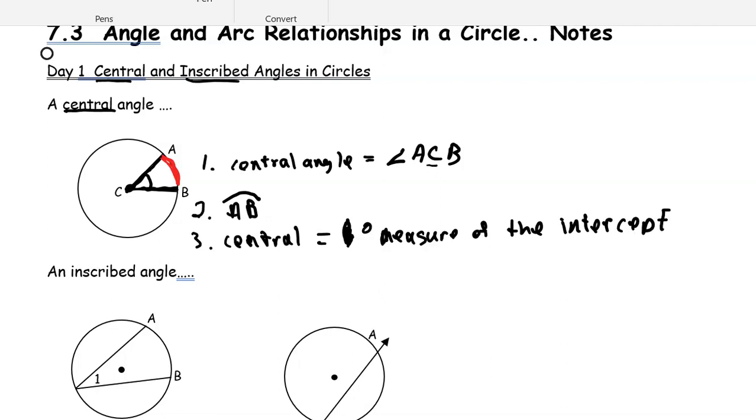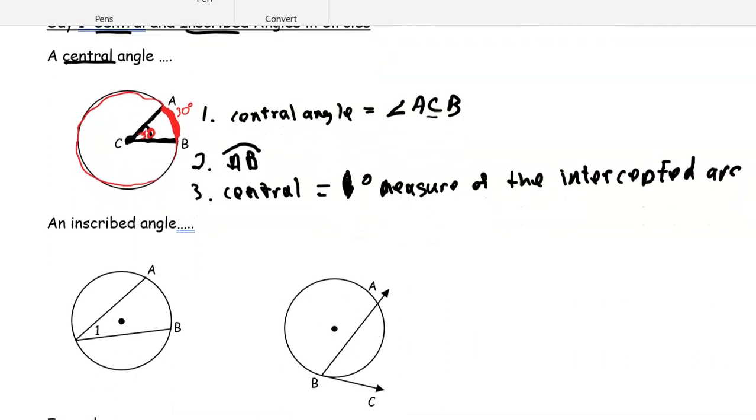So long story short, if this angle here is, let's say, 30 degrees, then this arc takes up 30 degrees of the full 360 around the circle. Whatever the intercepted arc of a central angle is, it's the same degree measure as the angle itself. All right, and that's what you'll see quite often as we work through this.